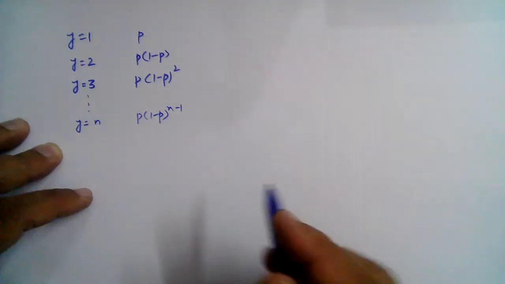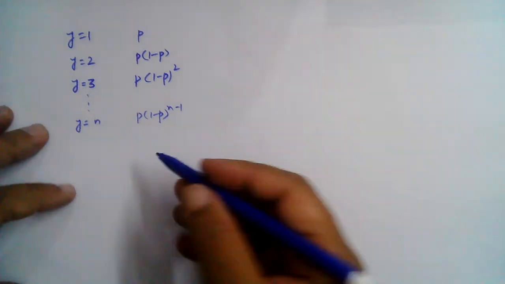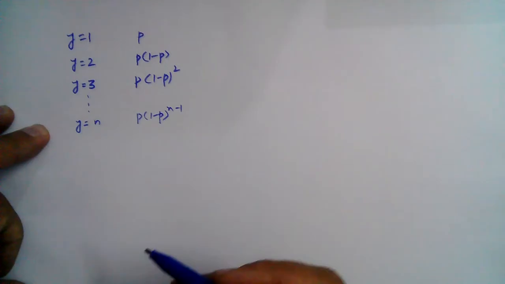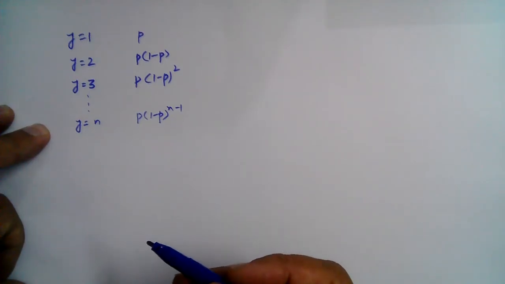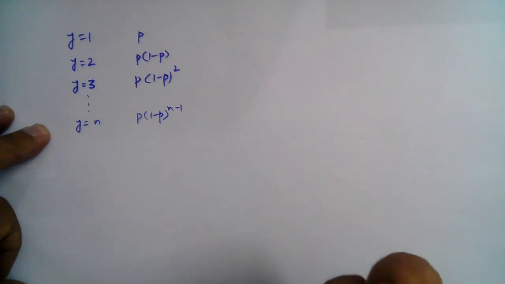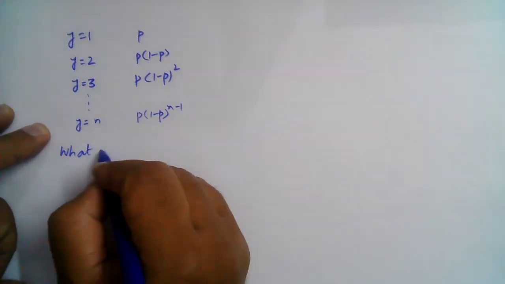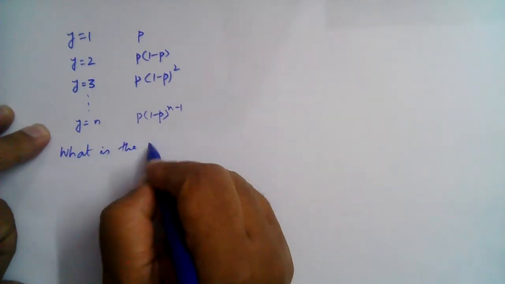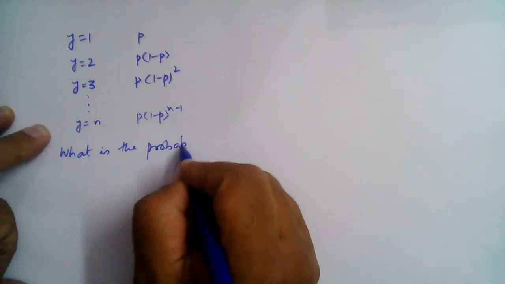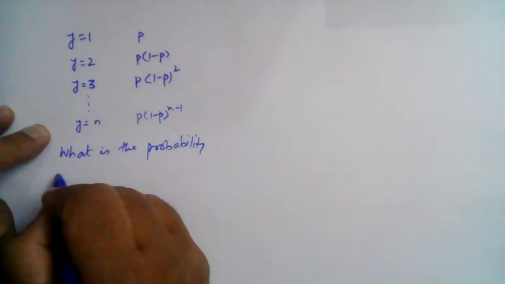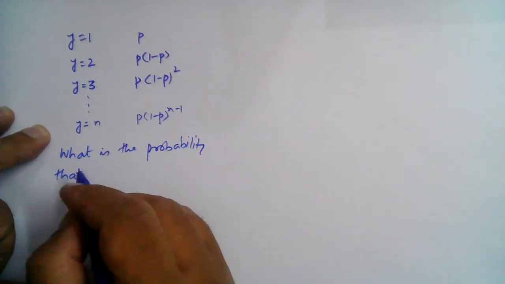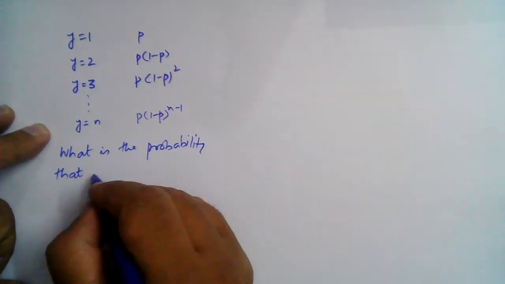So it deals with the kind of problems, for example, what is the probability that a first success occurs at the yth trial?